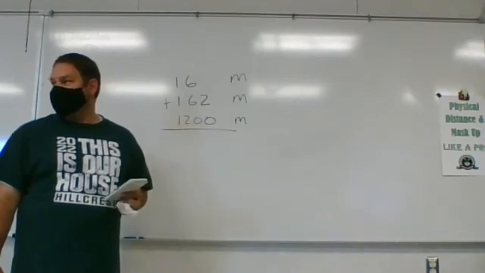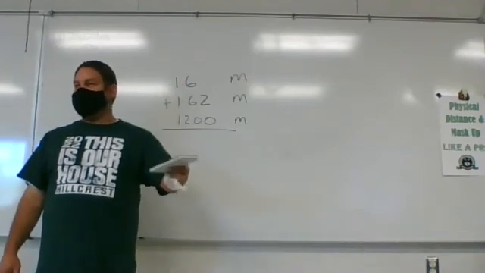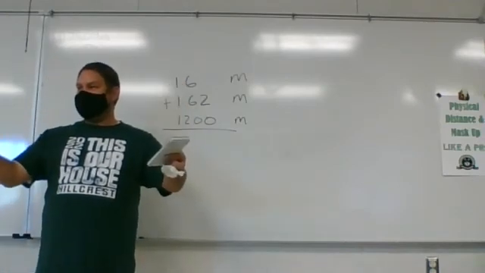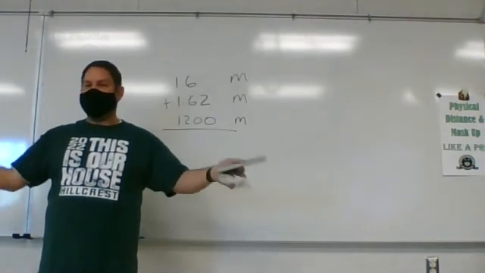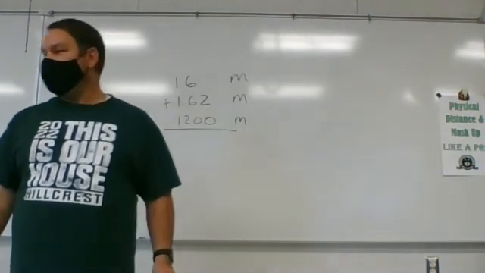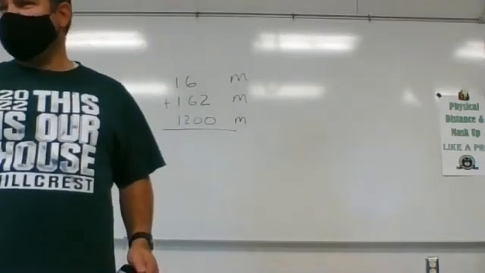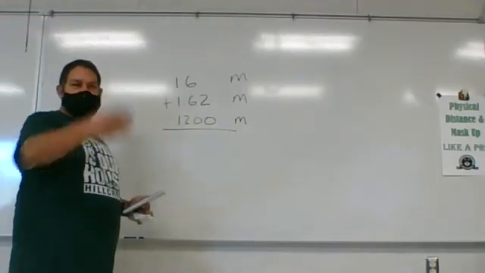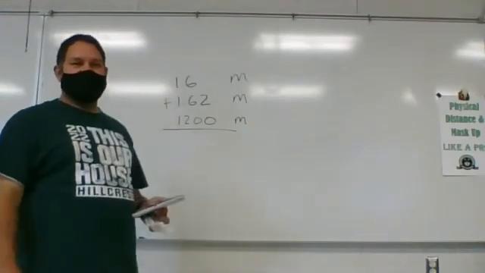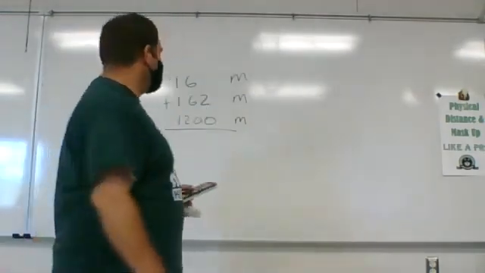If you have a length unit and a mass unit, and you're trying to add them together, you can't do it. It won't work. It's mathematically incorrect. No answer. You can't add them. So these should be meters.